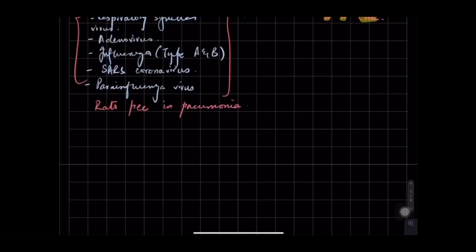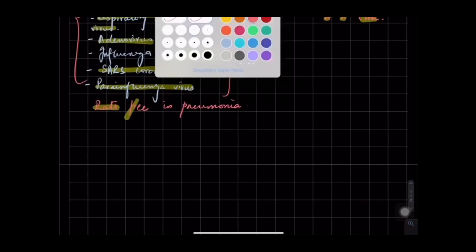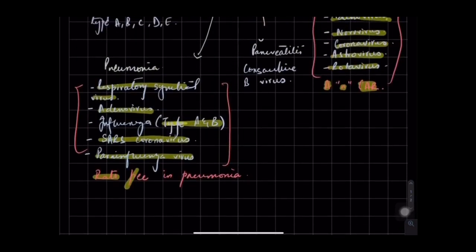So what I mean by this is R stands for respiratory syncytial virus, A stands for adenovirus, T stands for type A and B of influenza, and S stands for SARS coronavirus. And by P, it means parainfluenza virus. So rats pee in pneumonia, or you can also write P without E's in pneumonia, is a good way to remember the names of the virus that causes pneumonia.